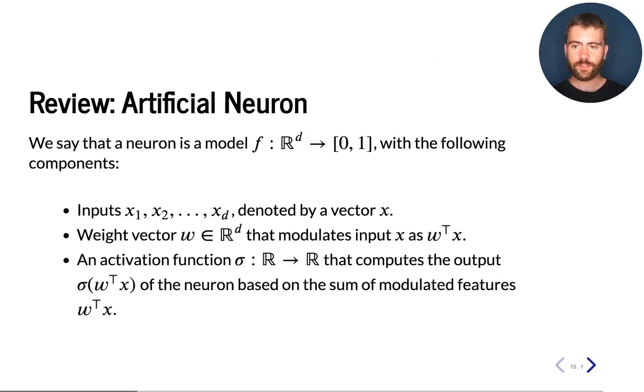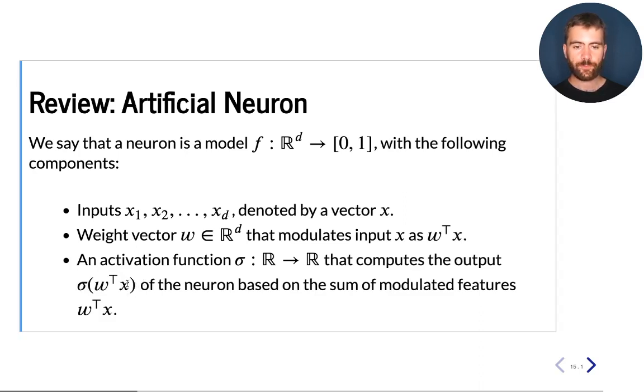Recall that in our previous video we defined a neuron of the following form. We take an input x and modulate each dimension of x with a multiplicative weight w.